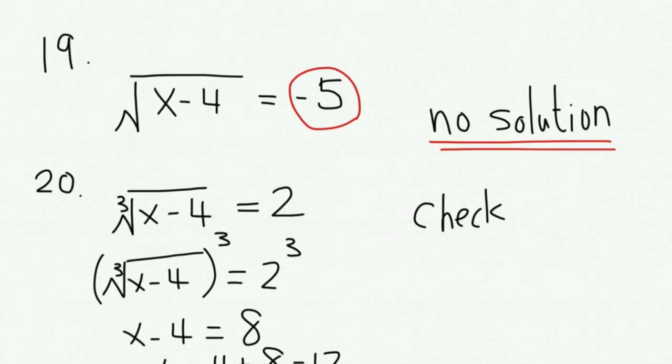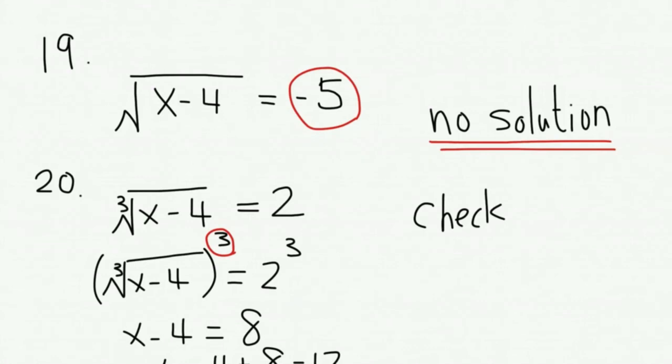Number 20. The cube root of x minus 4 equals 2. So, how do I undo the functions for the x? When it's cube root, I think of raising it to the 3/3 power. So I cube both sides. Cube root and cube, they cancel each other. They are the inverse function of each other, so they cancel each other.